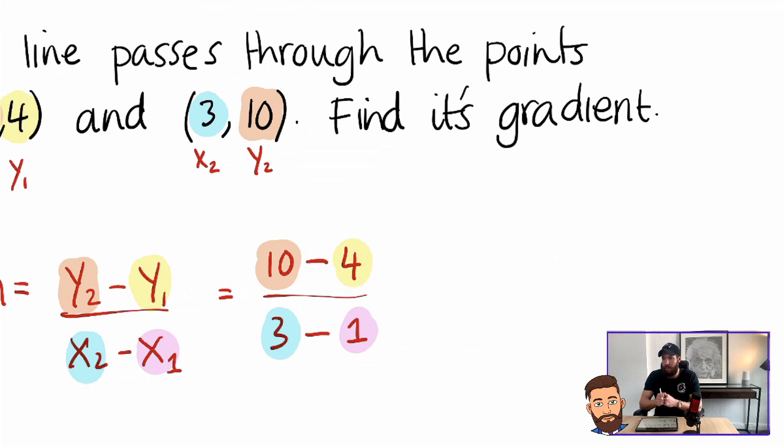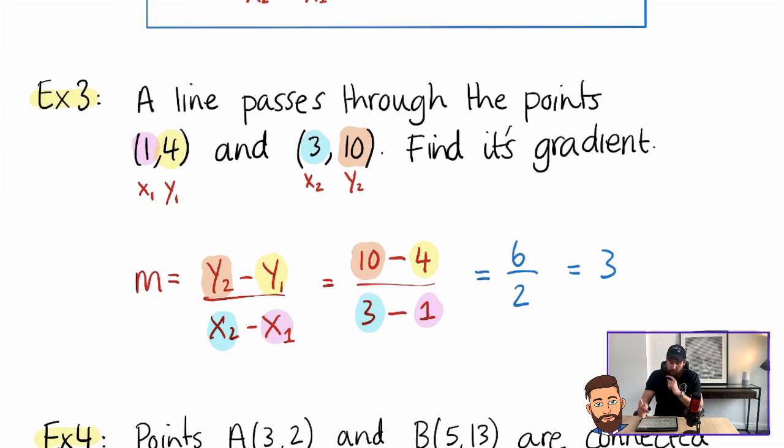Okay, we're going to get given the gradient straight away. What is 10 take away 4? 6. What is 3 take away 1? 2. What is 6 divided by 2? 3. The gradient of the points 1, 4 and 3, 10 is 3.